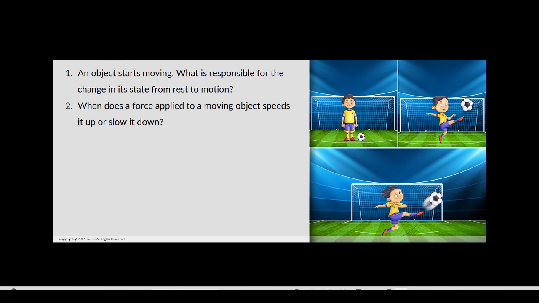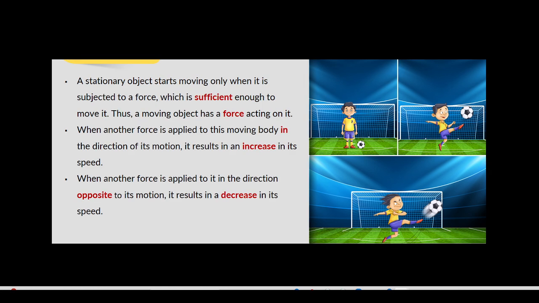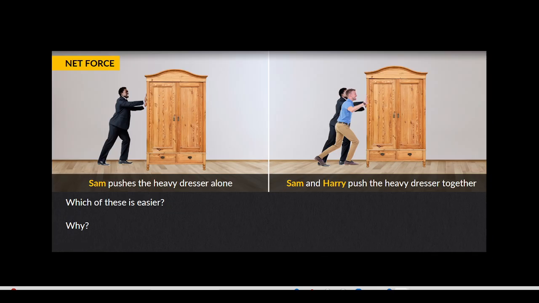So we have seen that an object starts moving when we apply force on it, when the force is sufficient enough to move it, right? But when the force is not enough, we won't be able to move the object, right?